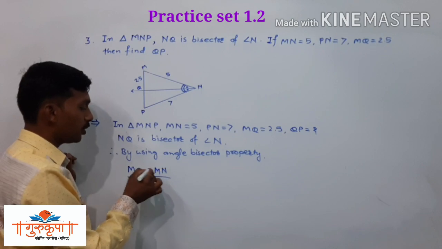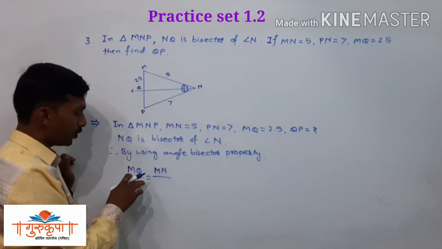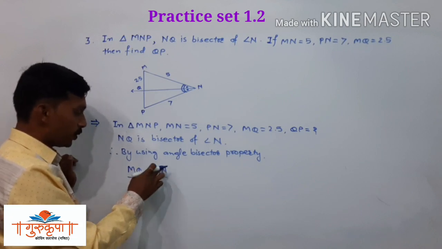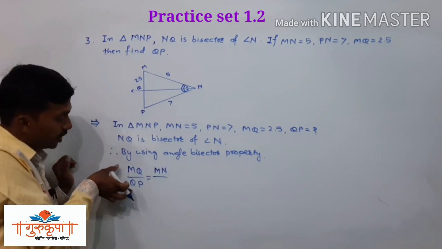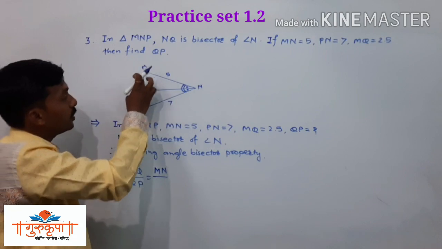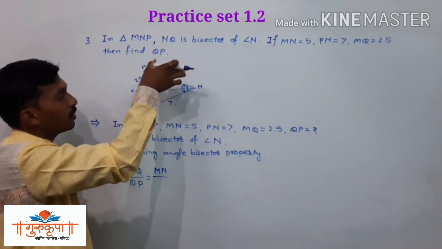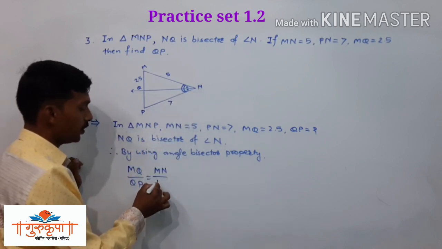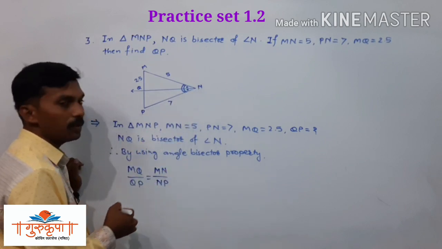That is a very important thing. Depending upon the first ratio, we have to write the second ratio. Since we write the first ratio as MQ upon QP, we have to write the second ratio as MN upon NP.